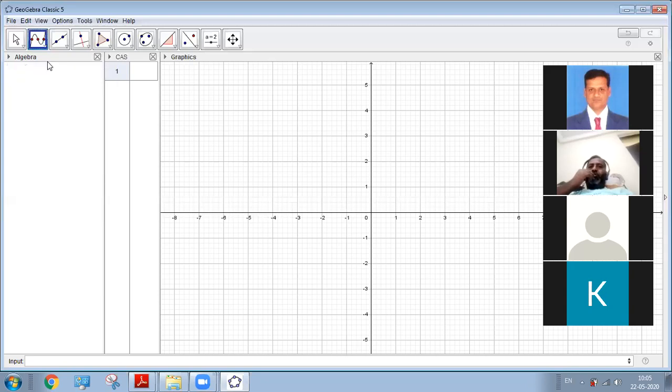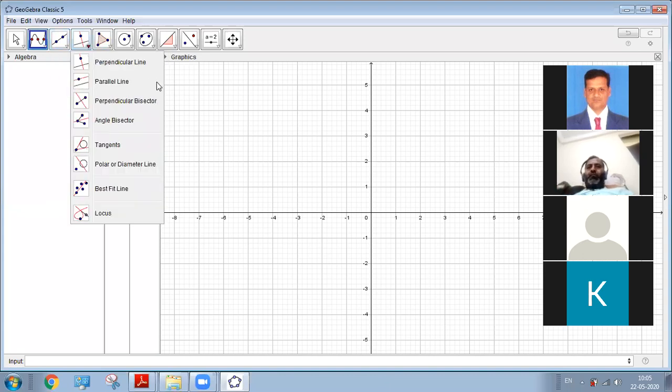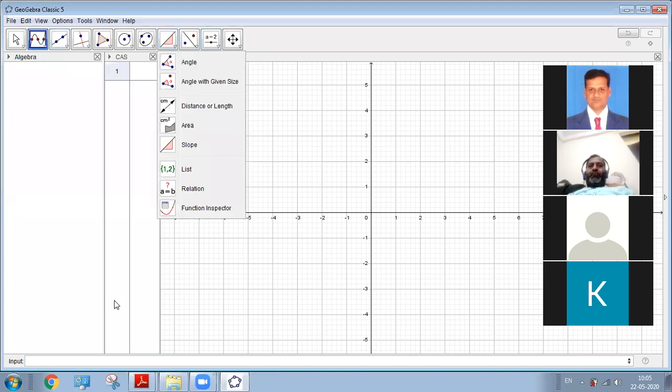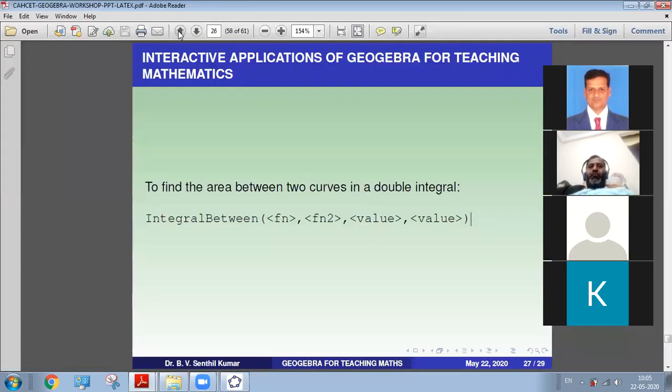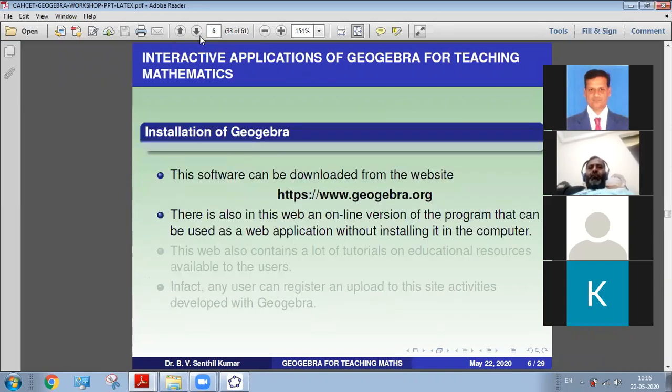So you find several icons are there. You can make use of these things. You can try all these commands whenever you are free, and a lot of tutorials are available. As I already told you, you can just visit this website. You can download the GeoGebra software.